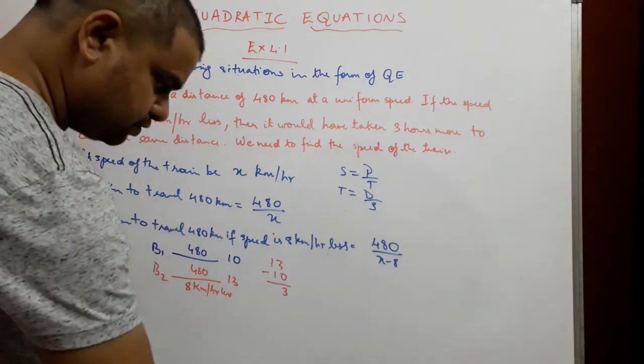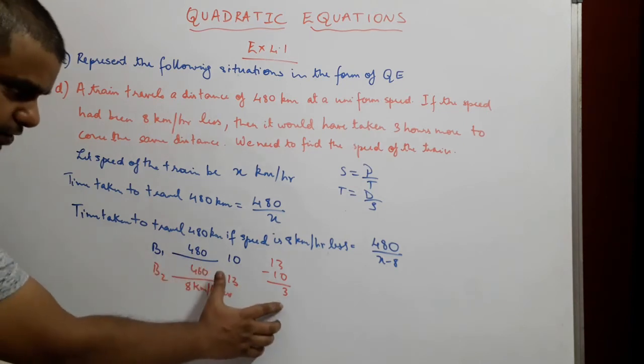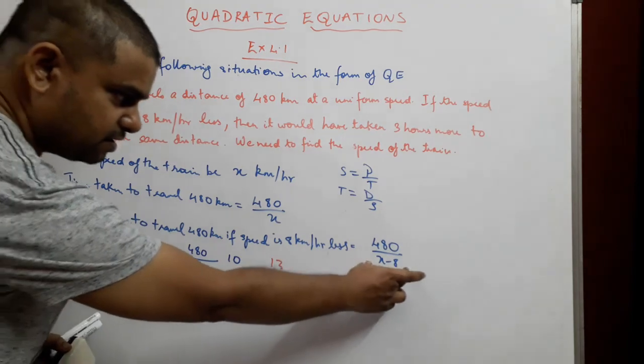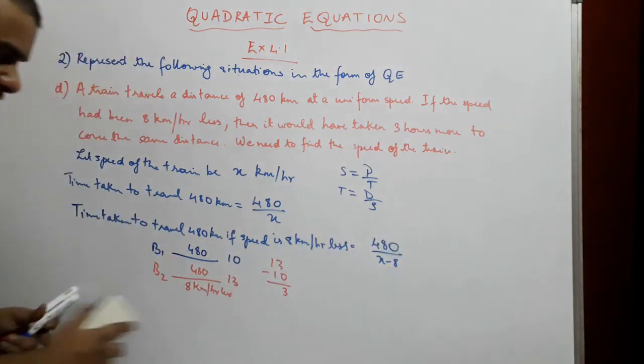Okay. So using the same concept over here, 13 minus 10 equal to 3, where this will take longer time because it is with lesser speed.